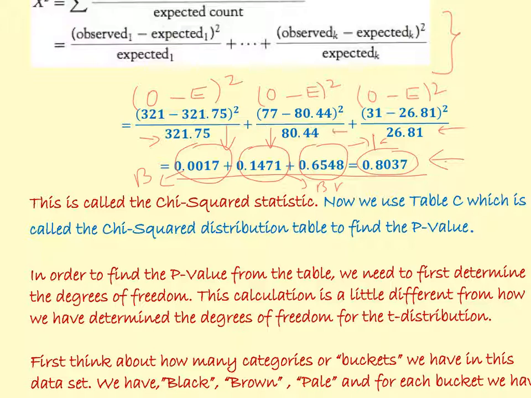In order to use table D, that is the chi-squared distribution table, we first need to figure out the degrees of freedom in order to find the p-value from the table. So the degrees of freedom here is the number of categories or buckets minus 1.